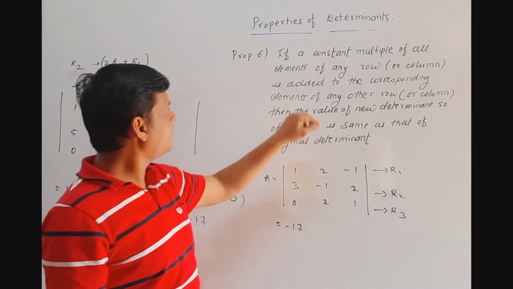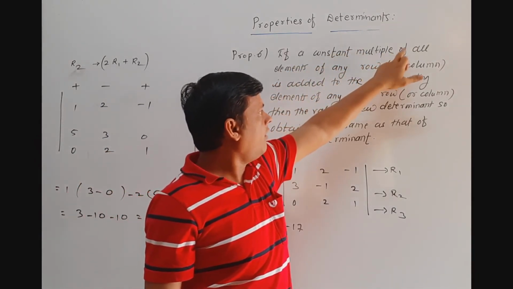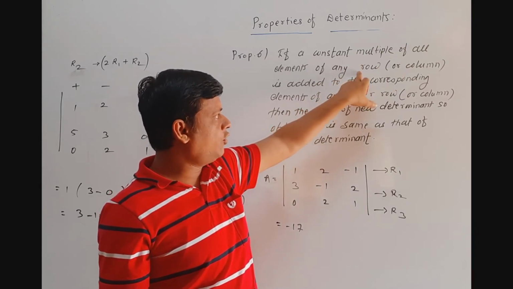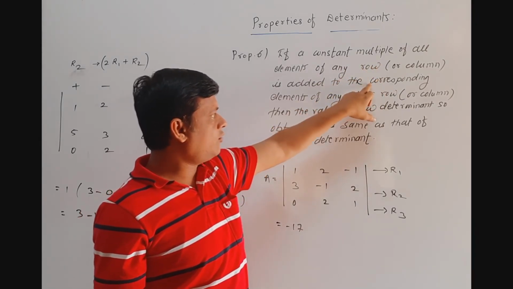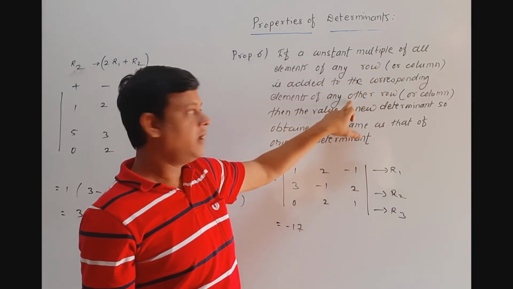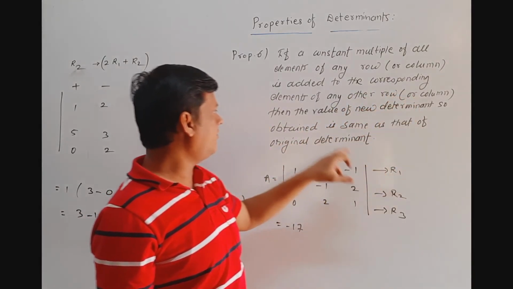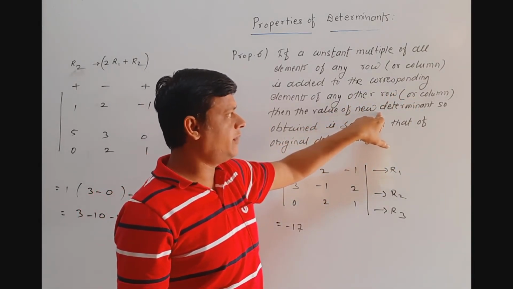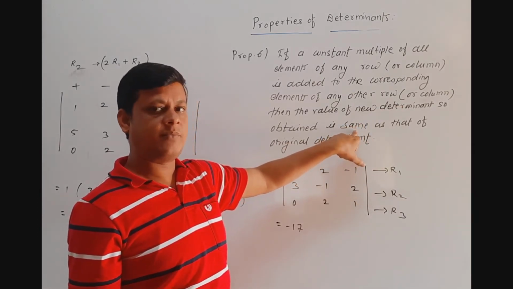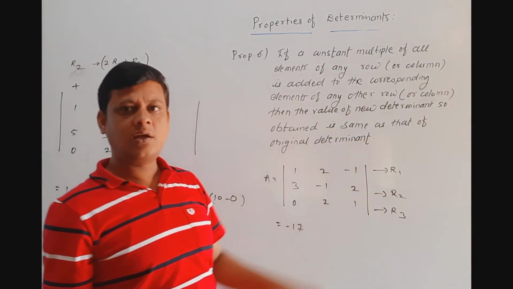So we write here, if a constant multiple of all elements of any row or column is added to the corresponding elements of any other row or column, then the value of new determinant so obtained is the same as that of original determinant.